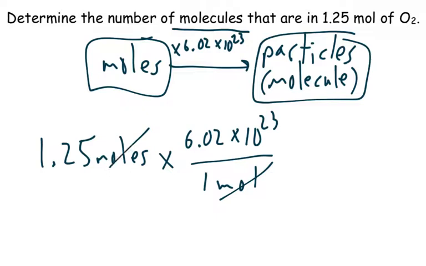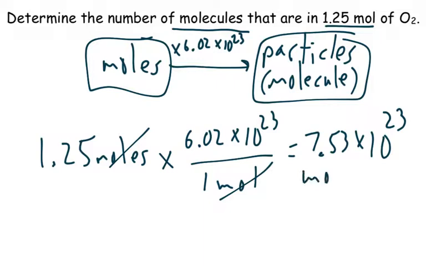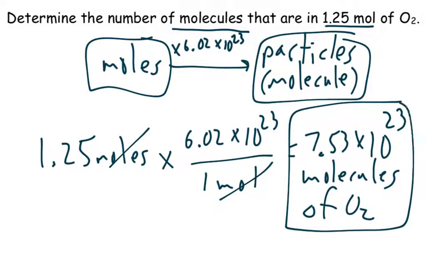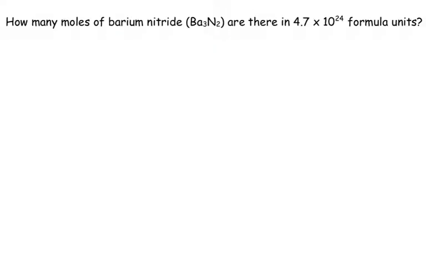If you simply multiply 1.25 times Avogadro's, which is 6.02 times 10 to the 23rd, and then round this to 3 significant figures based on the question, I ended up getting 7.53 after rounding times 10 to the 23rd, and this will be molecules of oxygen, and that will be our final answer.